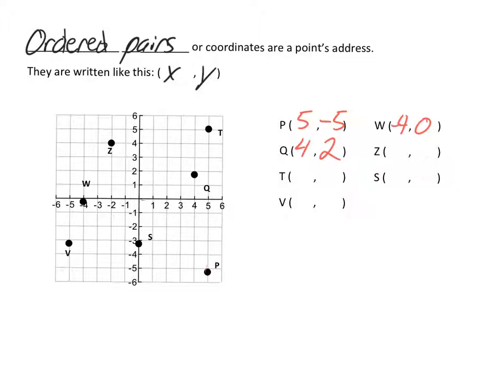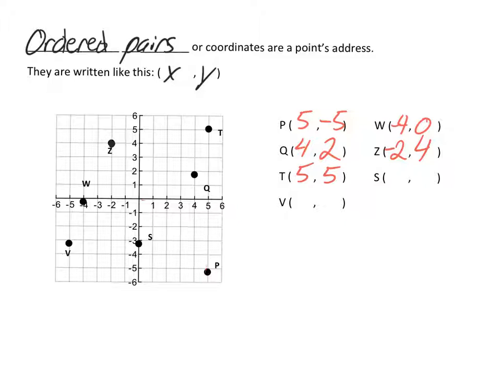Okay, so for Z, we are going to the left 2, and we're -2, sorry. If we're going to the left, it's negative. So -2, up 4, so +4. Next one is T, we're going to the right 5, so +5, and we are going up by 5, so +5 again.